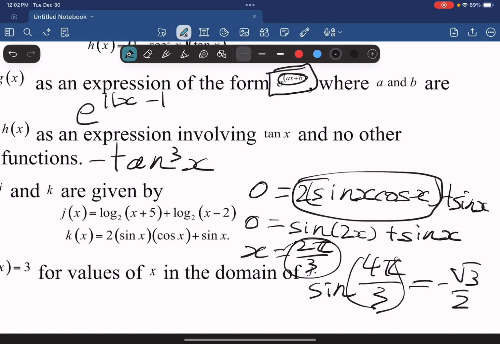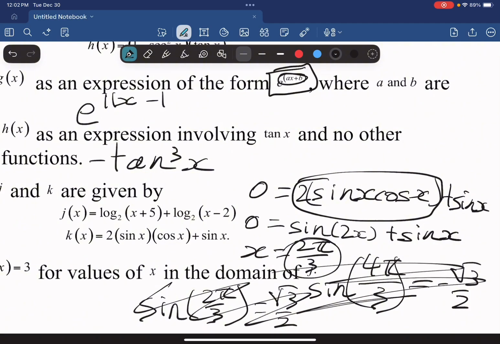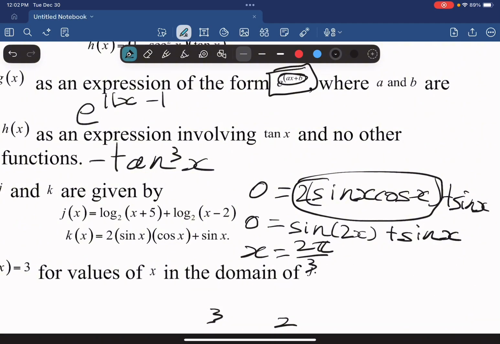But when you sine just x, 2 pi over 3, you should get root 3 over 2. And obviously, when you add negative root 3 over 2 and regular root 3 over 2, you should get 0, right? So that's how I found this answer, x equals 2 pi over 3. I'm sure there's a better way of solving it, but that's the way I solved it.